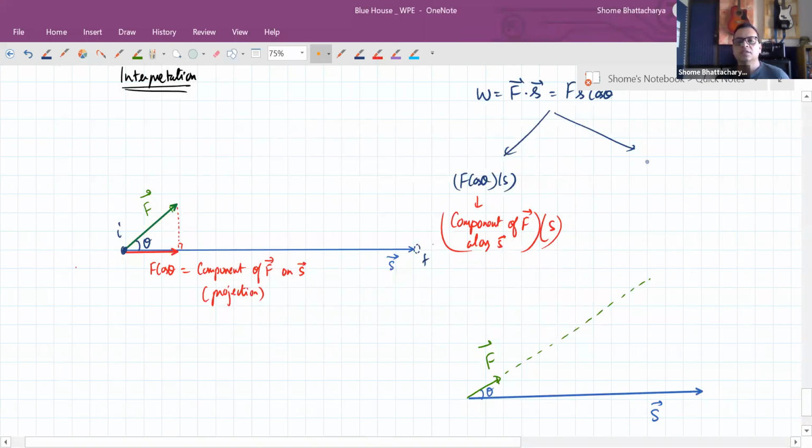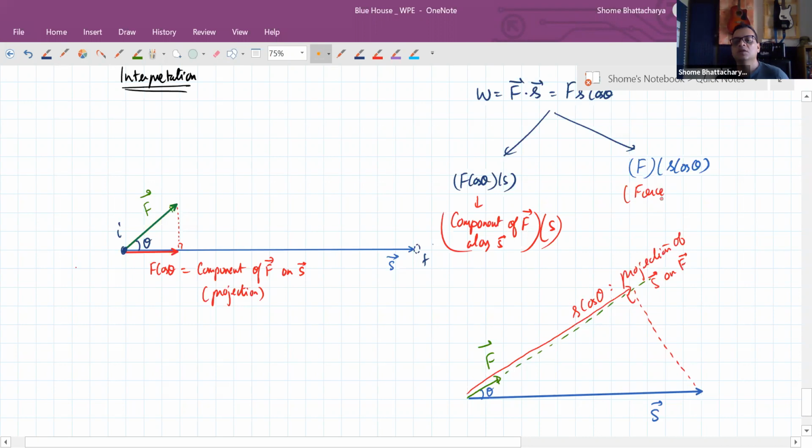So we can also think of this as F multiplied by S cos theta. So in this diagram, you can see what is S cos theta. You have to drop this perpendicular somewhere here. So this is my S cos theta. Okay, it is the projection of displacement on force. So you could also think of it as force multiplied by the component of displacement along force.